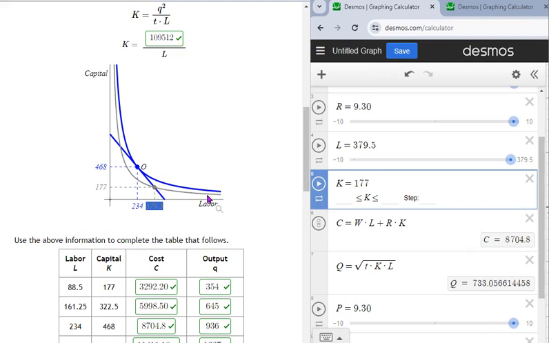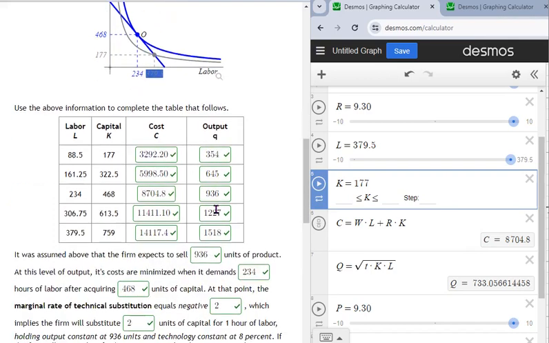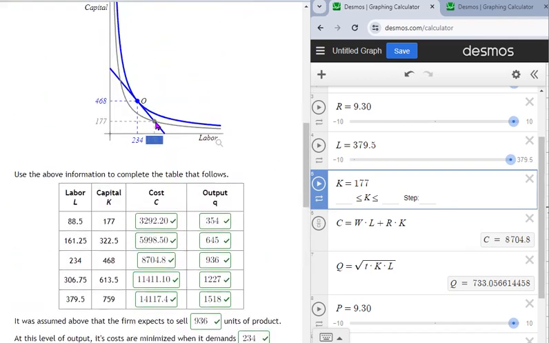This output is 733.06. We could have sold 936. So if we're on this lower isoquant, we're losing out on possible sales. Our sales could have been much higher, right? So we're not going to choose that capital labor ratio.